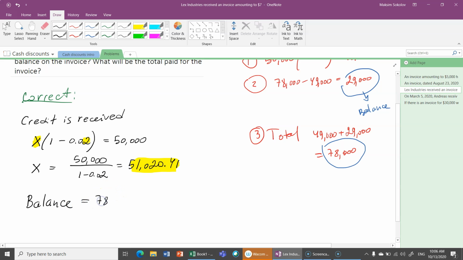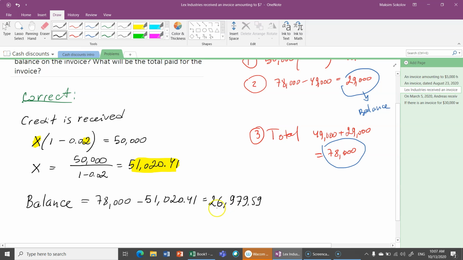That is 78,000, the total amount of the invoice, minus what has been paid out already. And that is 26,979.59. So that is how much remains to be paid after that 50,000 initial payment was made during the discount period.